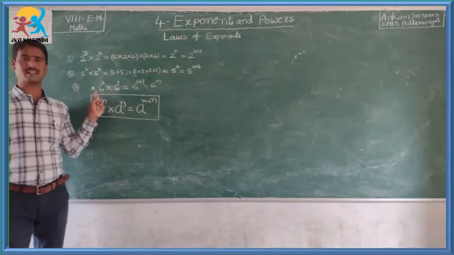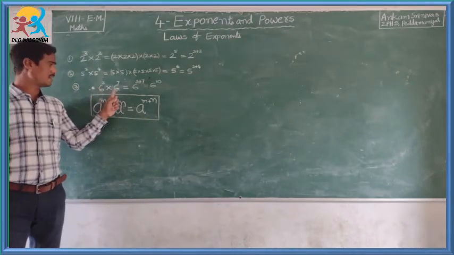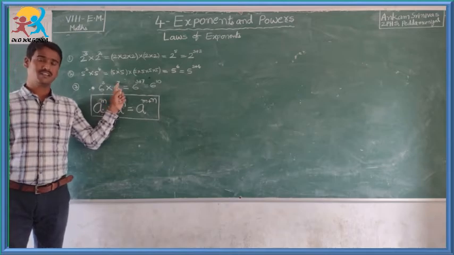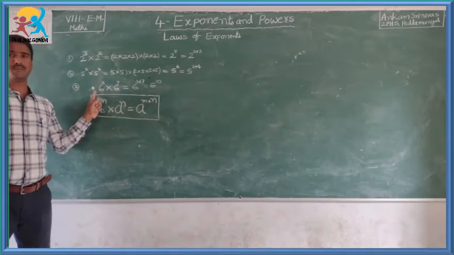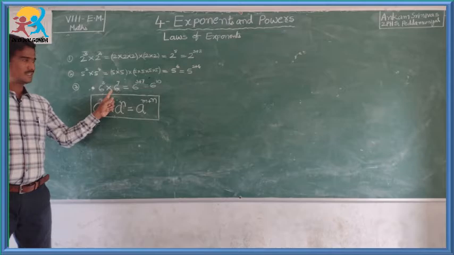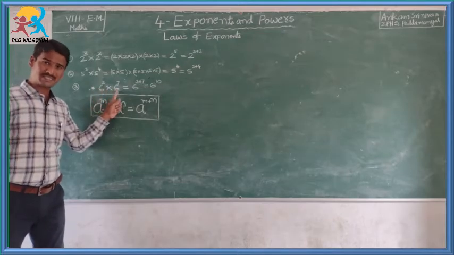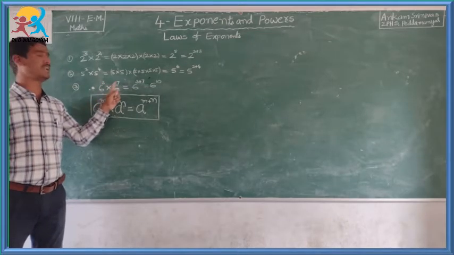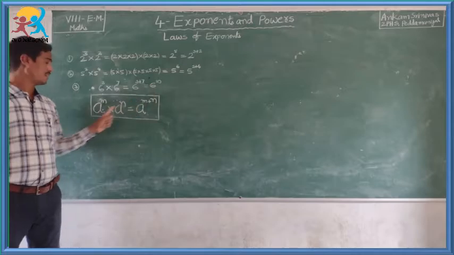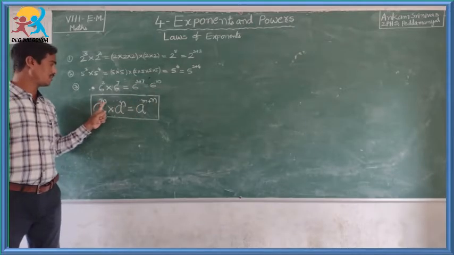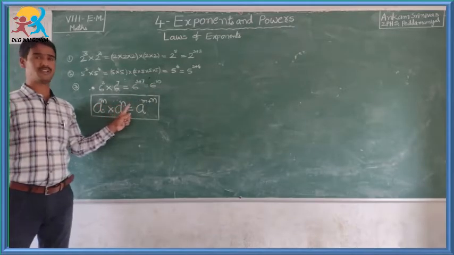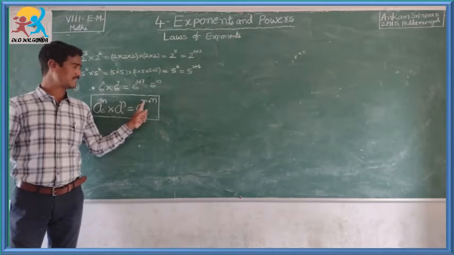What is the first power here? 6 power 3. Second power 6 power 7. When you multiply two powers with the same bases, exponents should be added. So a to the power of m into a to the power of n equal to a to the power of m plus n.